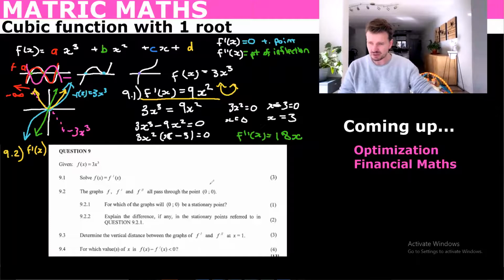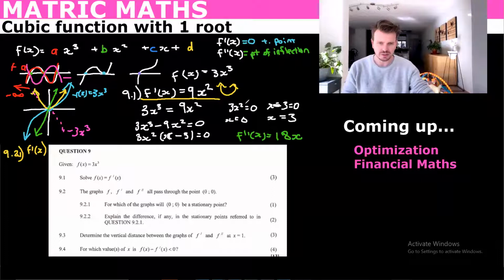Now, this was 9.2.1 that we just did with the f dash of x. We can see that the green one does not have a stationary point. We also need to look at the blue one. The blue one has a stationary point, because f double dash of x tells us the point of inflection, which is where it changes from concave up to concave down.